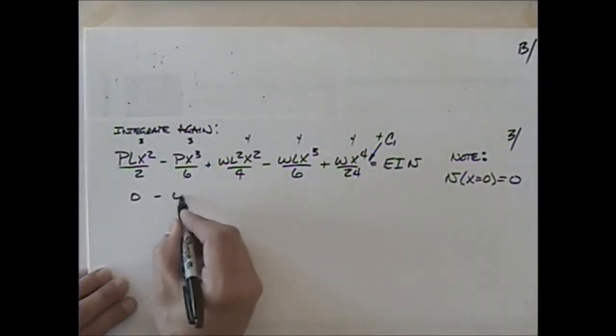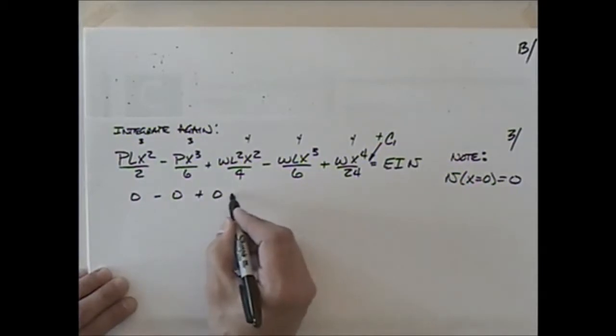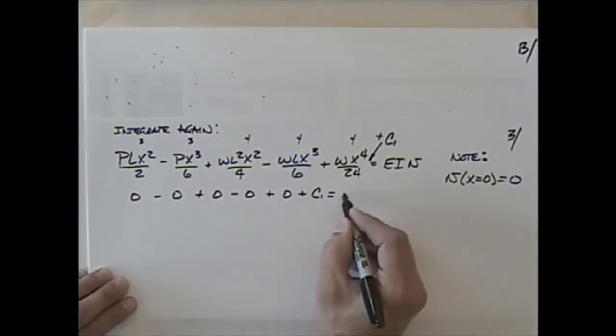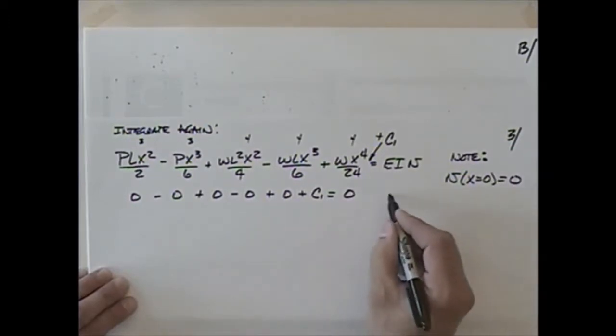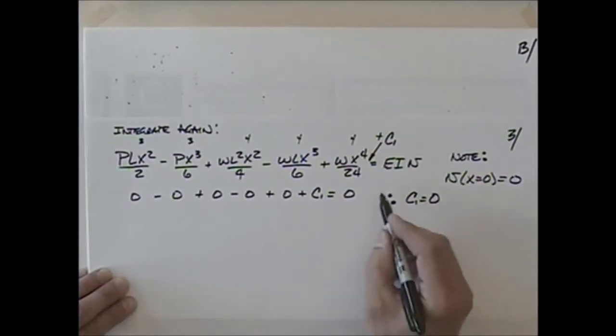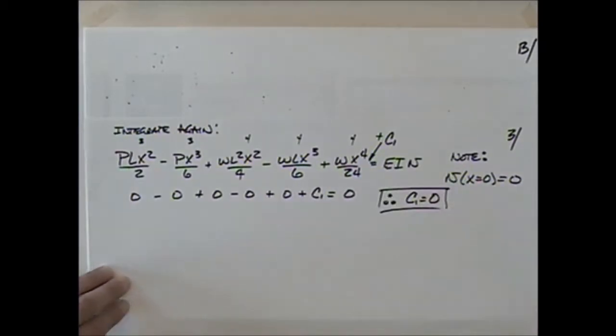So I have 0 minus 0 plus 0 minus 0 plus 0 plus C1 is equal to 0. So I get that C1 is equal to 0. Had I continued in my mistake, I would have lucked out on that one, but that's not how we want to do math. So, questions with that?